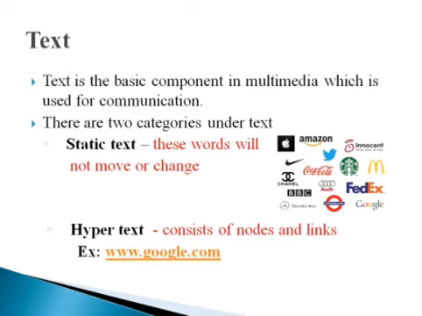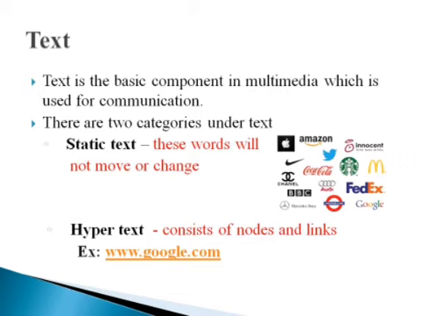Next is hypertext. Hypertext consists of links and notes. Simple example: you open the internet and type www.google.com. Once you click, your Google page will get opened. After that, if you want to search for a 12th standard computer application book and you type it and press enter, immediately you will have n number of options to download your textbook.